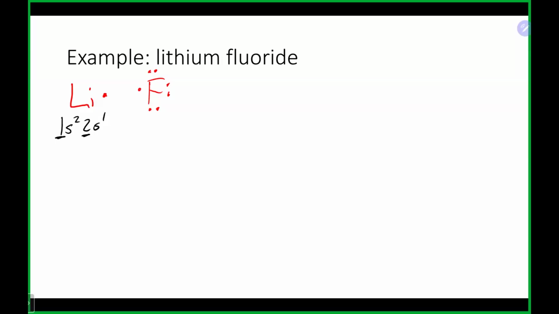In the case of lithium, that 2s1, the s, by the way, is known as the orbital where the electrons are hanging out. The one on top here is the valence electron. That is lithium's valence electron. And the 2 electrons hanging out here are the core electrons, not involved in bonding.